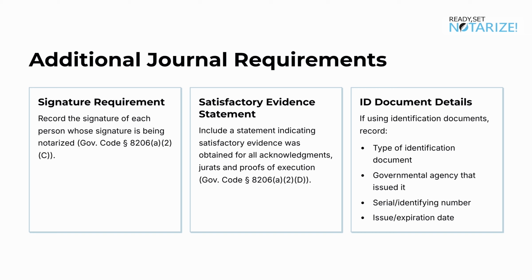If the notary public accepted an identification document as listed in California Civil Code Sections 1185(b)(3) and (b)(4) to meet the requirements of satisfactory evidence, then the notary public must record the type of identification document, the governmental agency that issued the identification, the serial or identifying number on the identification document, and the date the identification document was issued or expires.